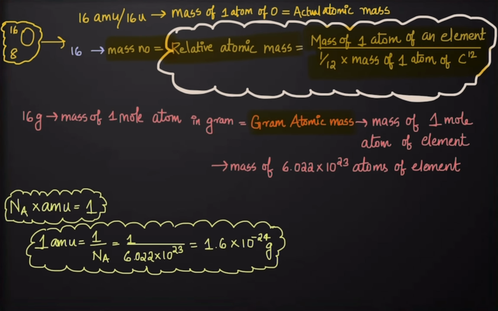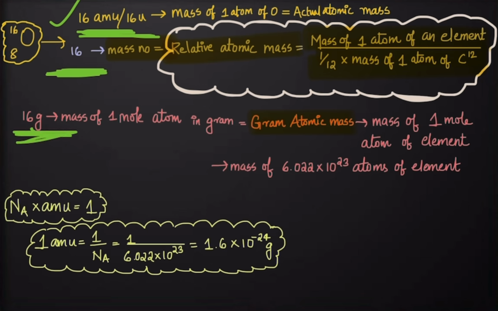So we can do it with an example. Oxygen 16. In case of oxygen 16, we can write this mass in three formats: 16 AMU, or 16 U, that is 16 as atomic mass unit or 16 unified mass, or we can write it as 16, or we can write it as 16 gram.